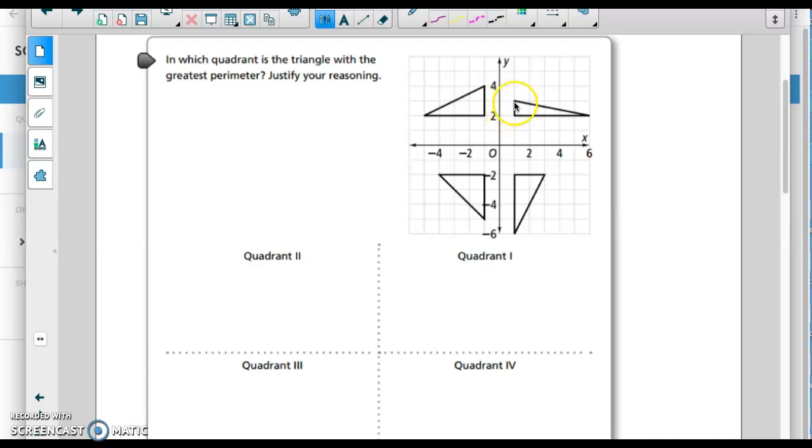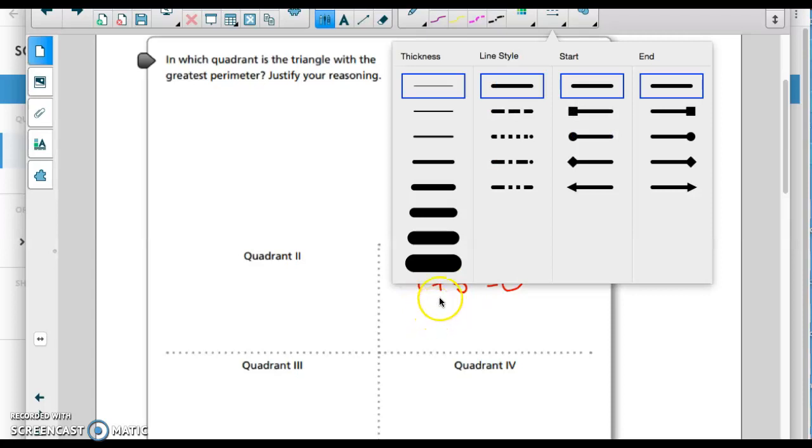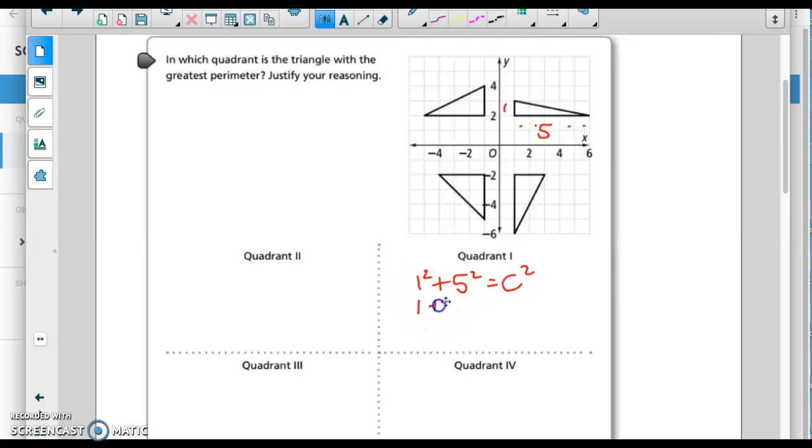This leg length right here, we're going to start in quadrant 1, is 1. This leg length, we're just counting these units, 1, 2, 3, 4, 5. This is 5 units. So if I'm starting in quadrant 1, I'm doing 1 squared plus 5 squared equals c squared. We're doing 1 plus 25 equals c squared, or 26 equals c squared.